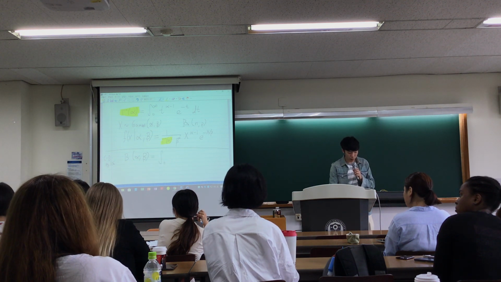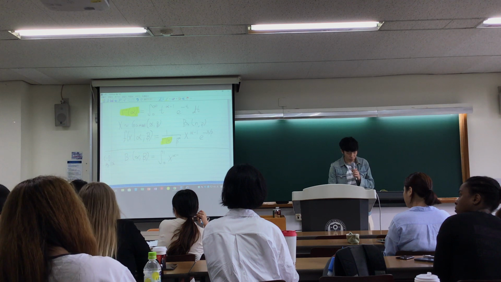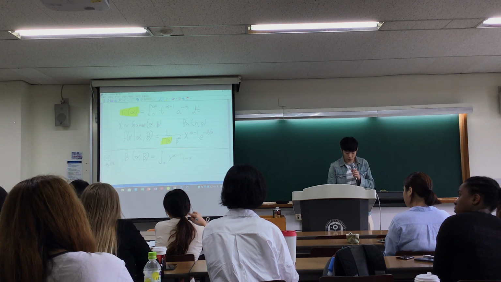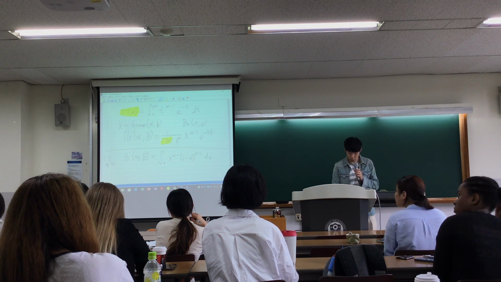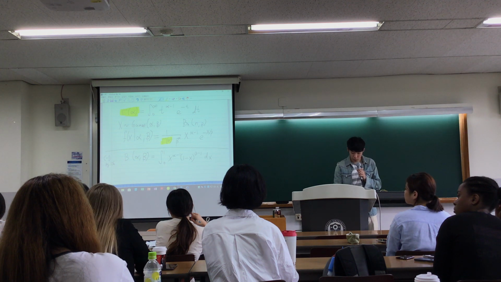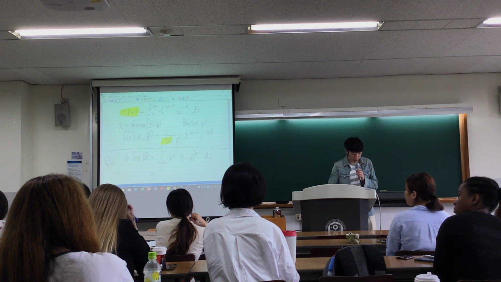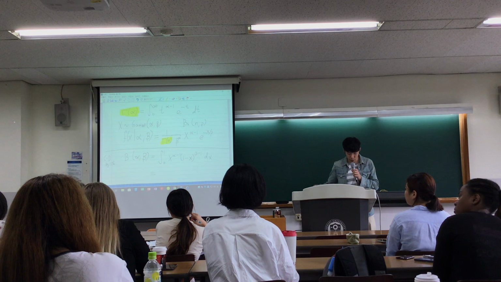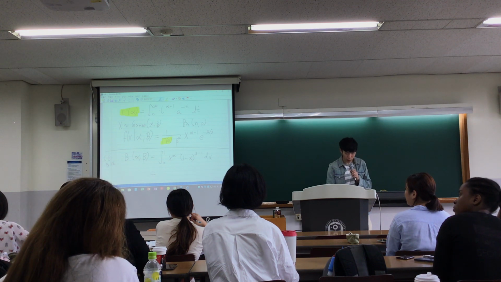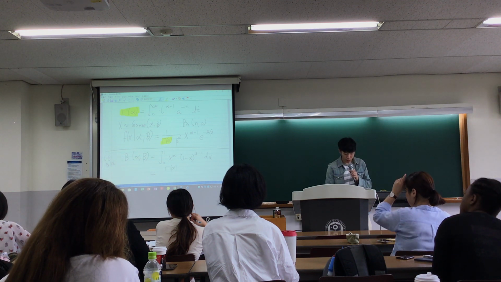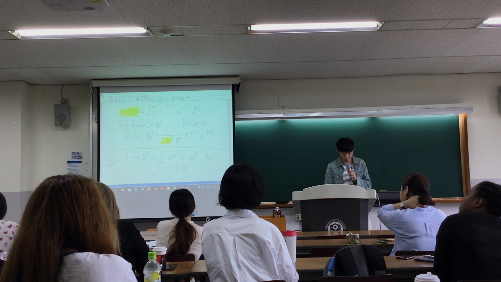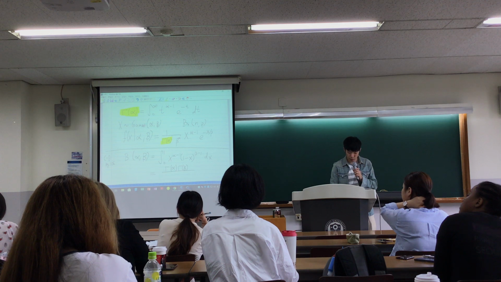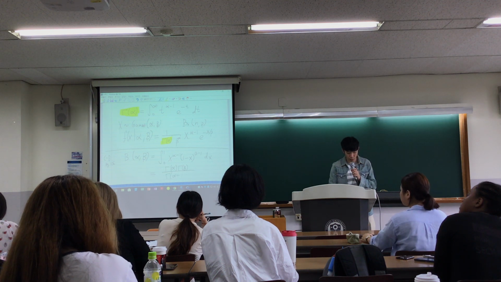If the beta function looks like this, it's an integral from 0 to 1 of x to the alpha minus 1 times 1 minus x to the beta minus 1. Then we can check that this beta function is related to the gamma function in this way. The beta function of alpha and beta will be gamma of alpha times gamma of beta divided by gamma of alpha plus beta.